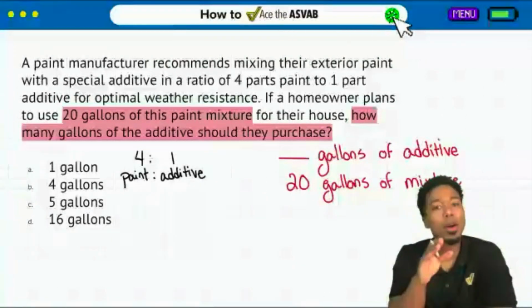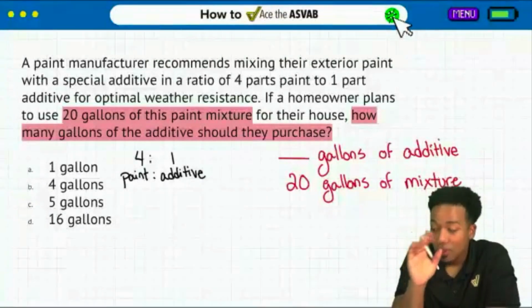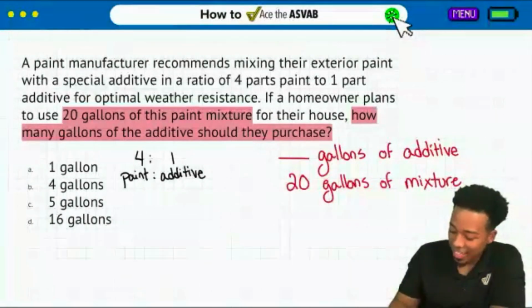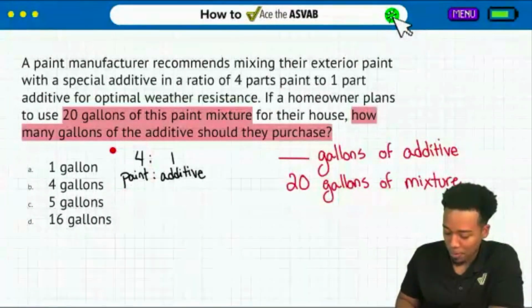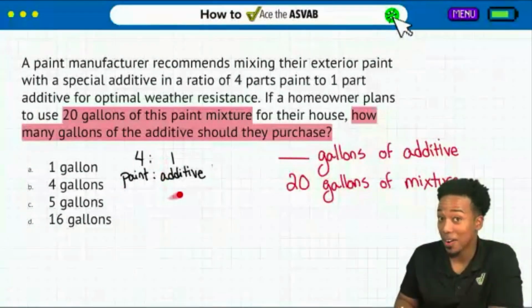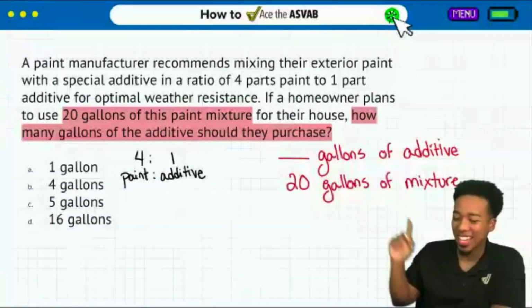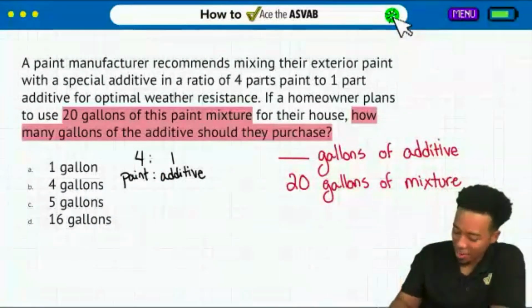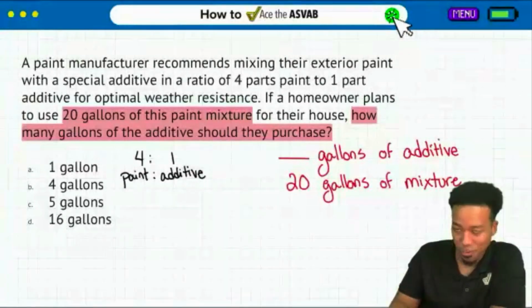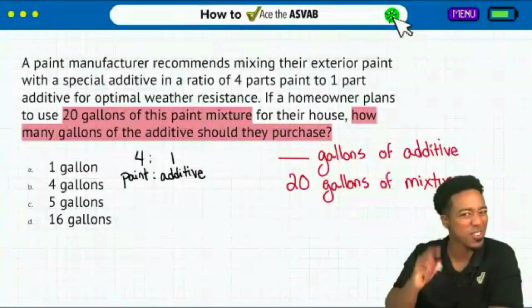Okay, everybody, can you confirm for me that that clearly says 4 parts paint to 1 part additive? Can we confirm that your eyes see that in the story? This is where the oh moment is going to come for a lot of people.